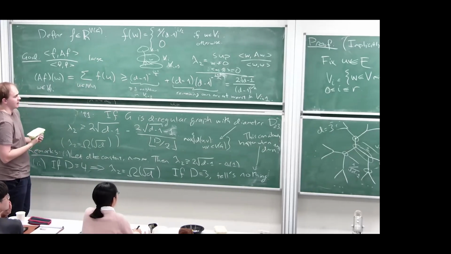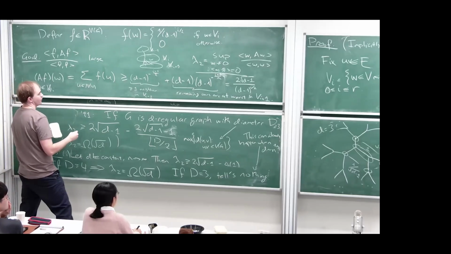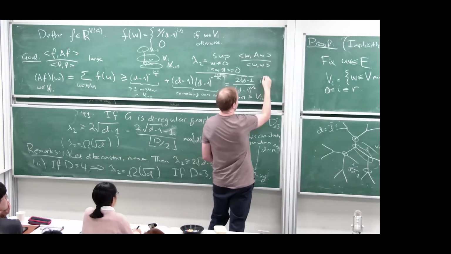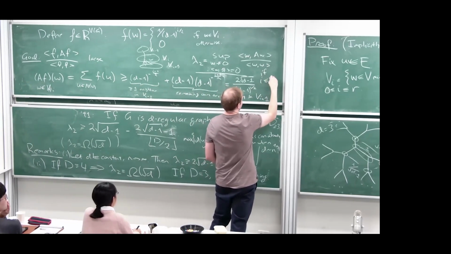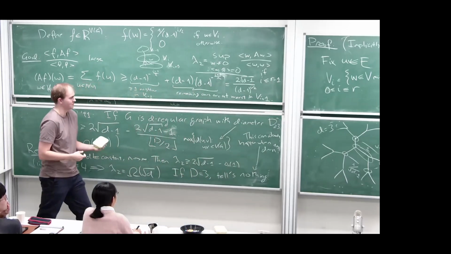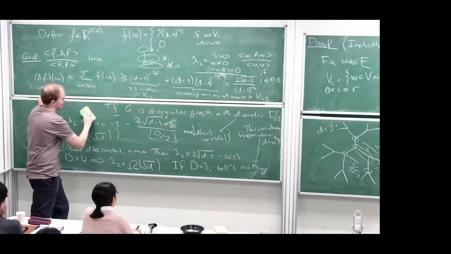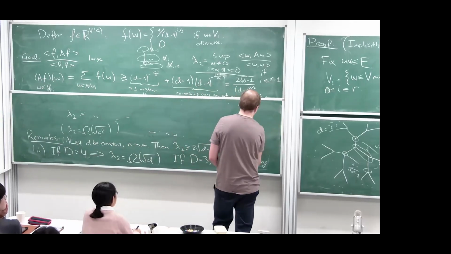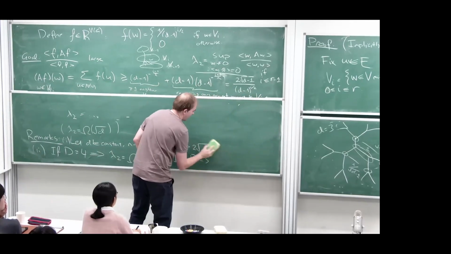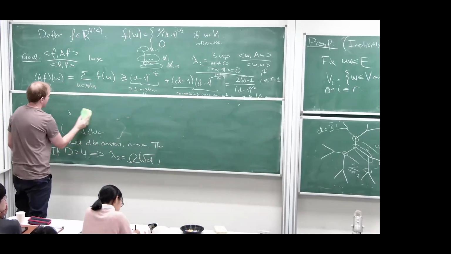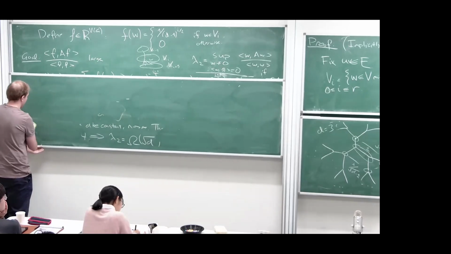But I'm cheating a little bit. I'm assuming that I is not in the last level, that there is this level below. Because if I belong to V_R, then we don't have the second term in the sum.